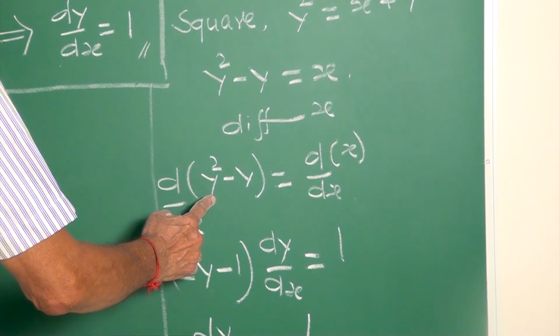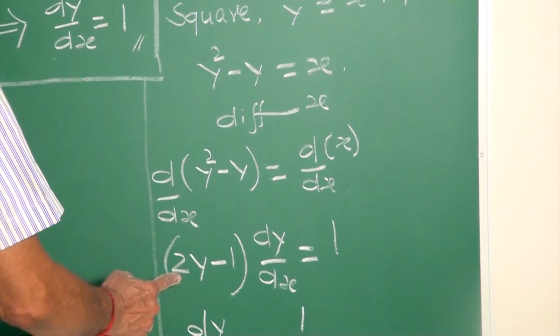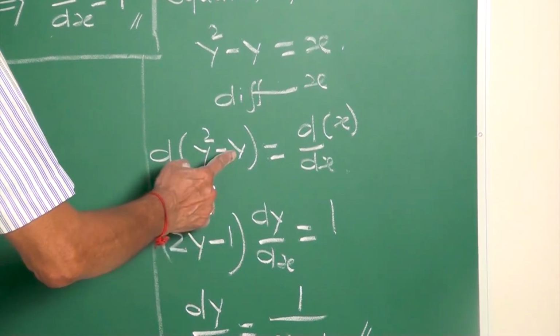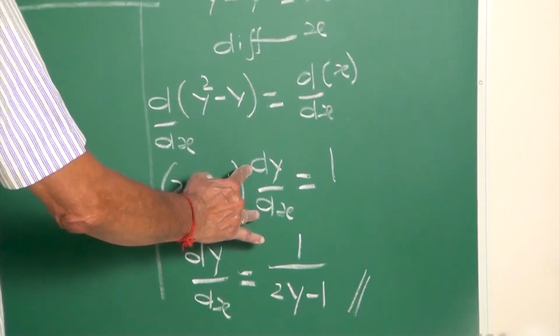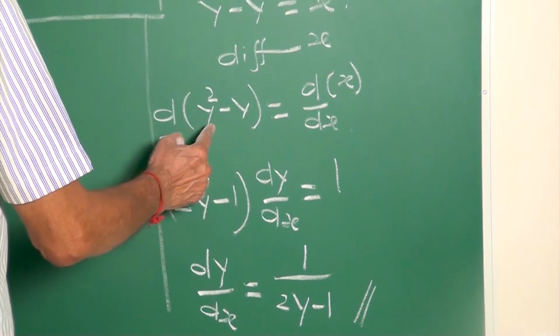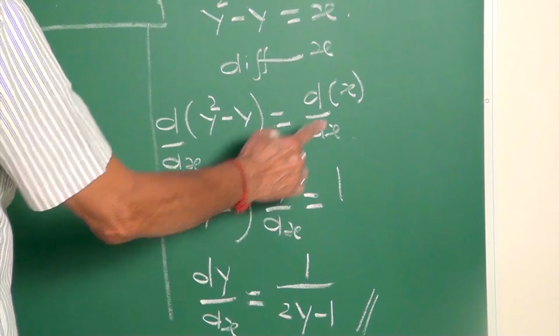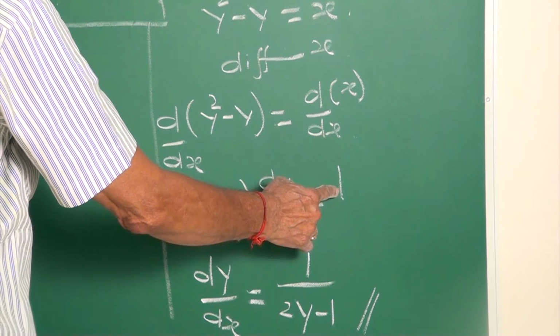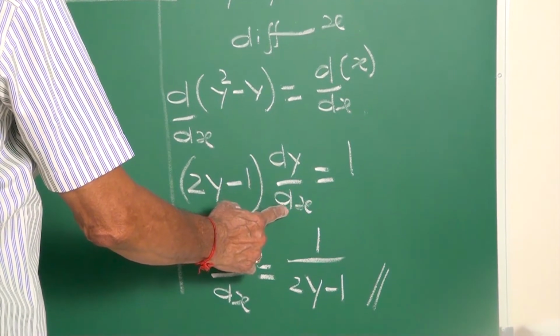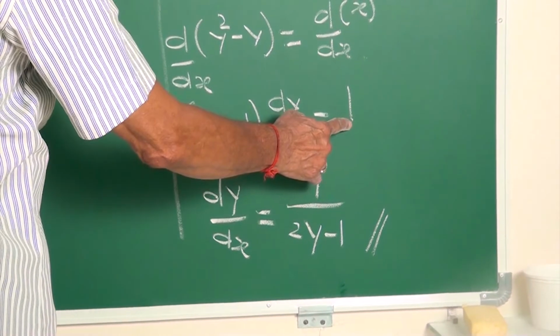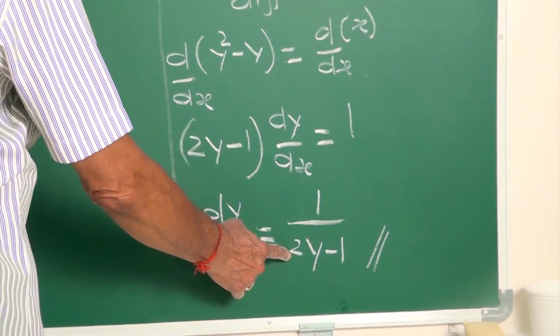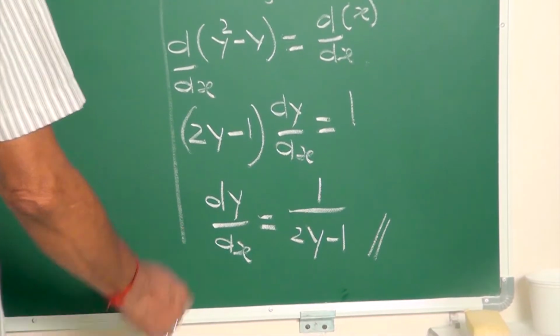First, y square with respect to y, 2y, minus derivative of y with respect to y, 1, into dy by dx. Y is a function of x, so it comes into dy by dx. Derivative of x with respect to x is 1. Solve for dy by dx. 1 upon 2y minus 1 is the derivative.